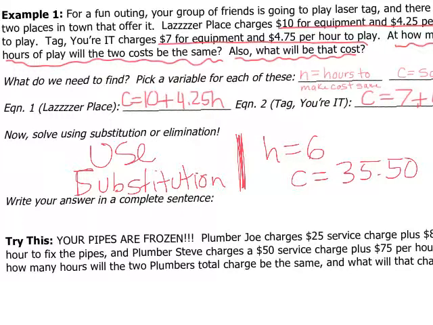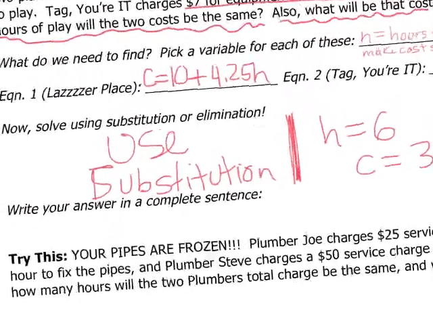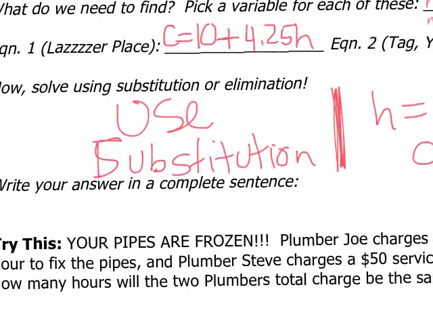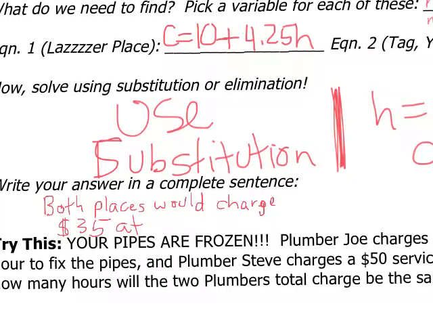Okay, so now I need to put these in context, because if I write H equals 6 and C equals 35.5, that doesn't really mean anything to me. So I need to write it in context, which would be both places would charge $35.50 at 6 hours.